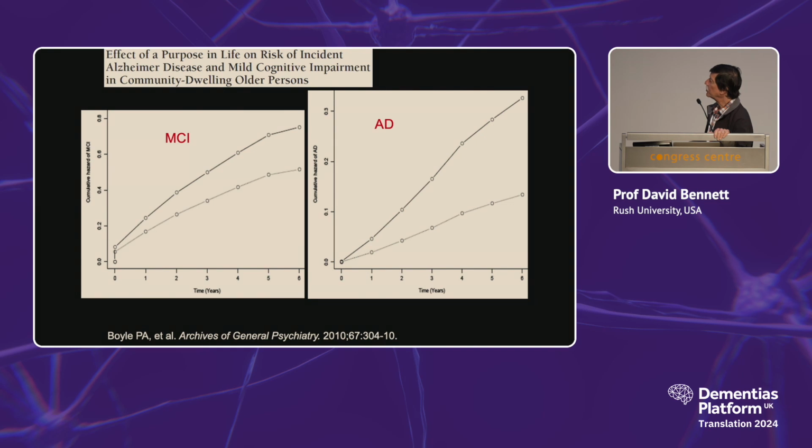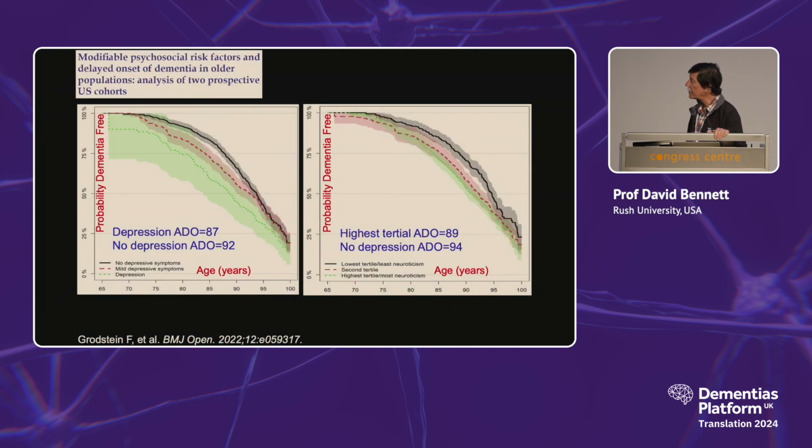Okay, here is surgical menopause. The younger you are at surgical menopause, the more rapid your rate of cognitive decline. Surgical menopause, for those of you who don't know, is when you take out your ovaries before you've reached menopause. It's also related to neuritic plaques.